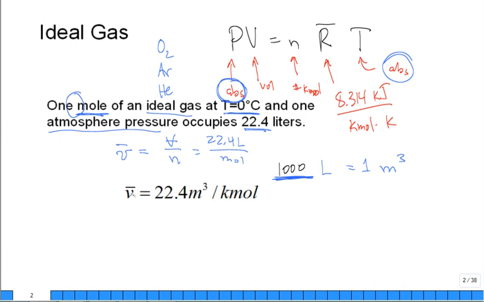So you could also express it as 22.4 meter cubed. What you would do is just multiply the top by 1,000 and the bottom by 1,000. And so then 1,000 liters becomes 22.4 meter cubed, and then you have a kilomole. So either you work in meter cubed and kilomoles or liters and moles.